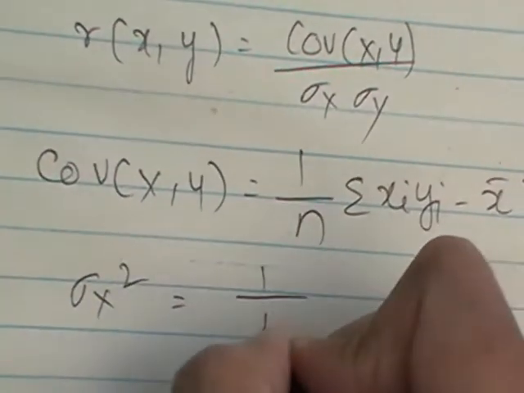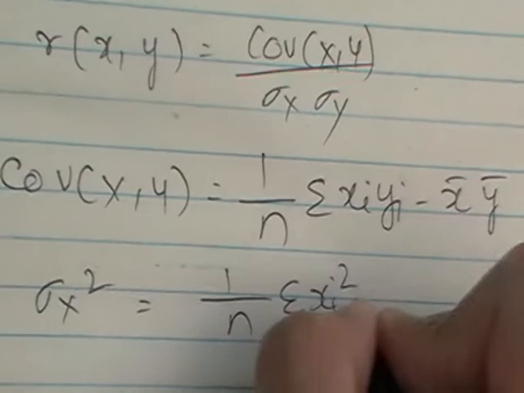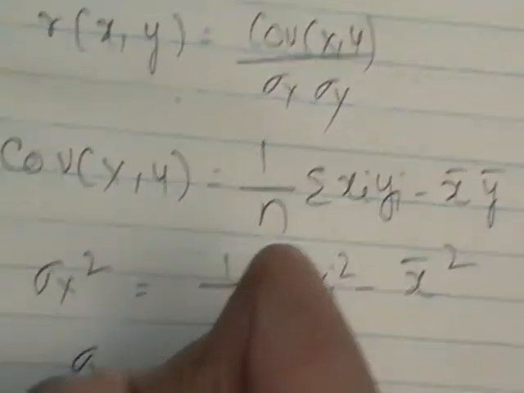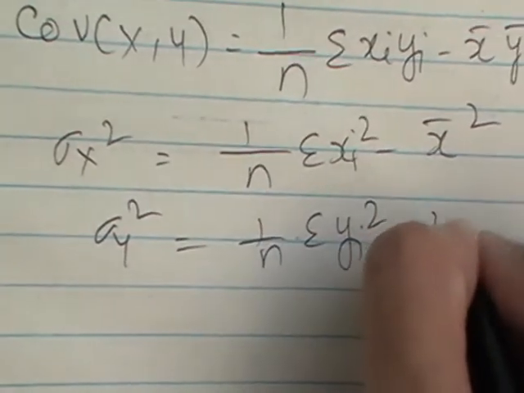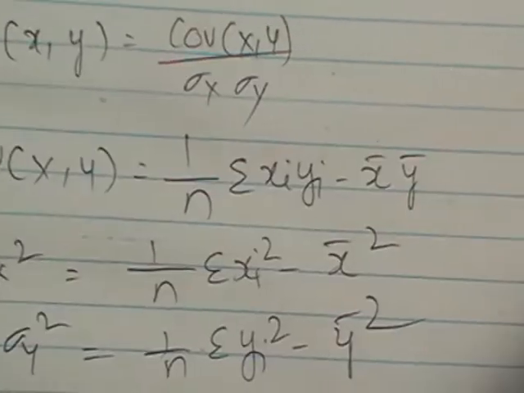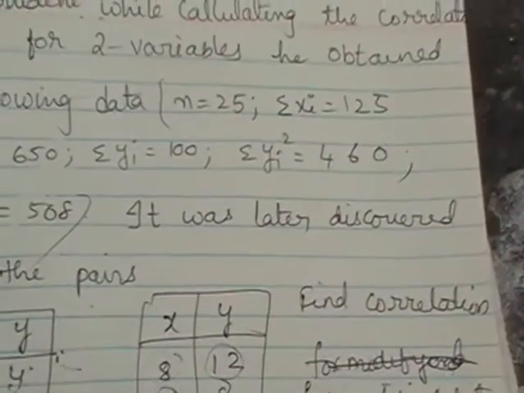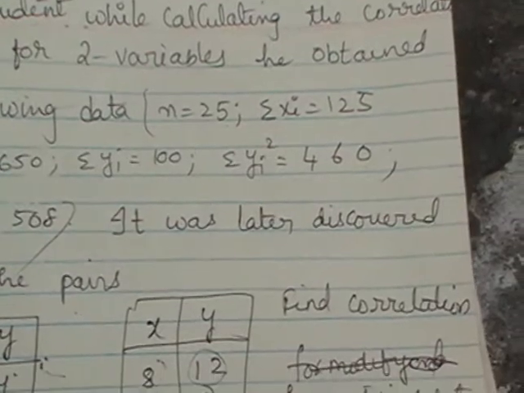These are the formulas for variance and covariance in terms of the summations. Now these are the values for all the 25 observations, where these are the mistaken observations, these are the correct observations.